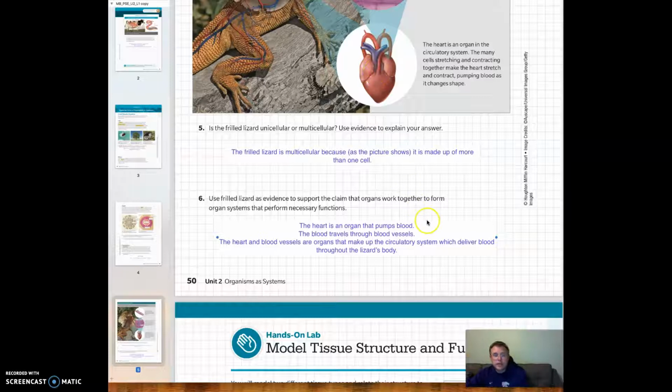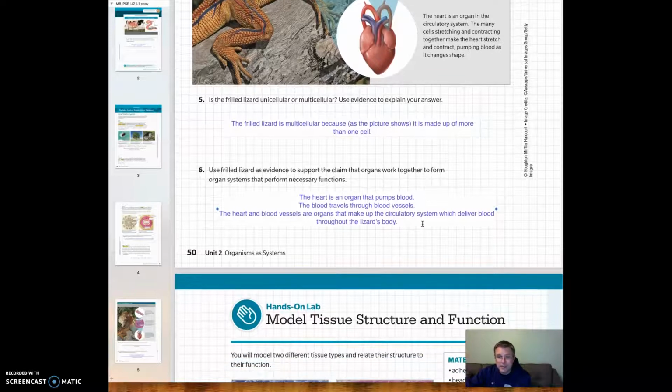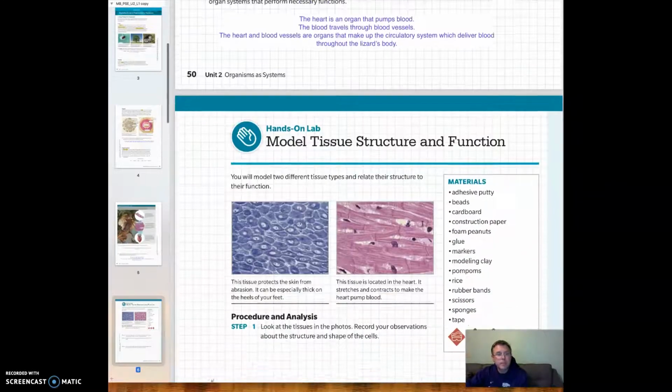The heart is an organ that pumps blood. Blood travels through blood vessels, and the heart and blood vessels are organs that make up the circulatory system, and this is what delivers blood to your tissues throughout the lizard's body. Okay, so we definitely have organs working together to form organ systems and to do bigger jobs.